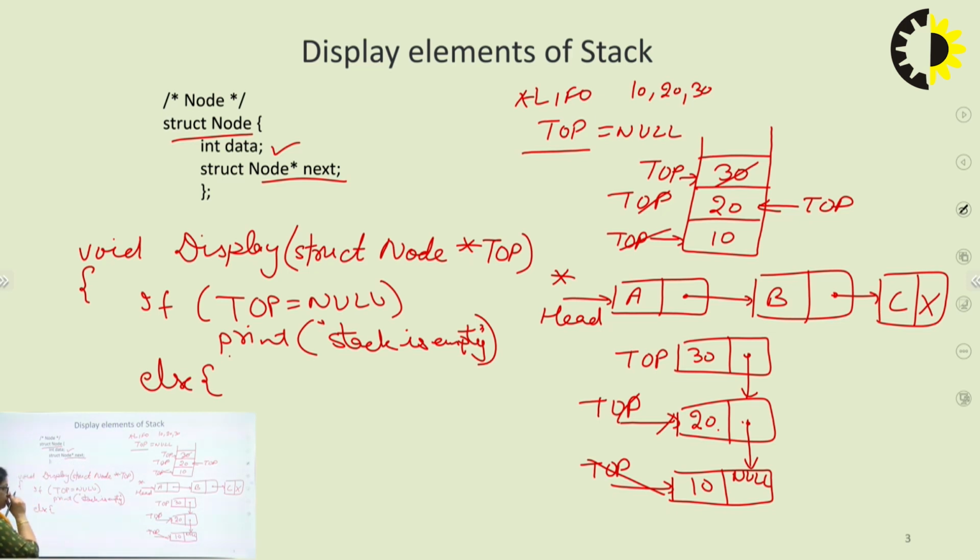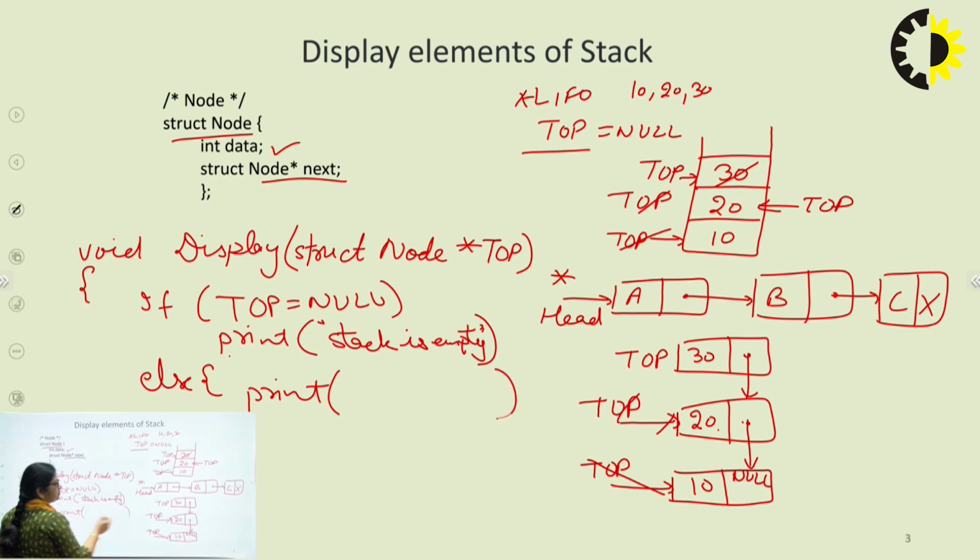Okay, so what we will do? Print. What we have to print? The data part of top. Here I am not using any particular language. I am writing in pseudocode, or just an algorithm, to display the concept.